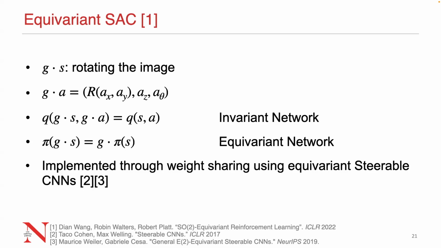I didn't think about that, but I did think about another thing. For example, if I want to control the joint space directly, the joint space doesn't have explicit equivariant properties. At least as I was thinking about it, I think it's hard to define the group action on the joint space, but we can define the group action on the end effector space. But there's a mapping between the joint space and end effector space, right?